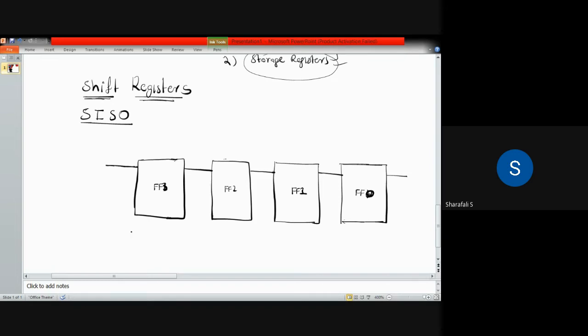And we will have the clock provided to each of these flip-flops. This is my clock, and as you know, this is negatively triggered.